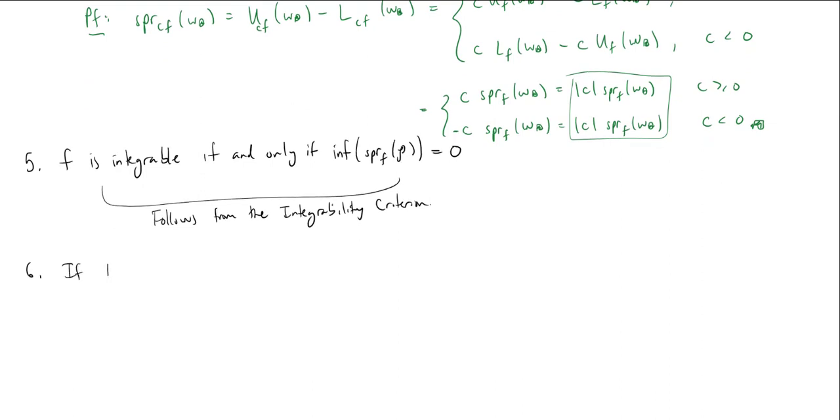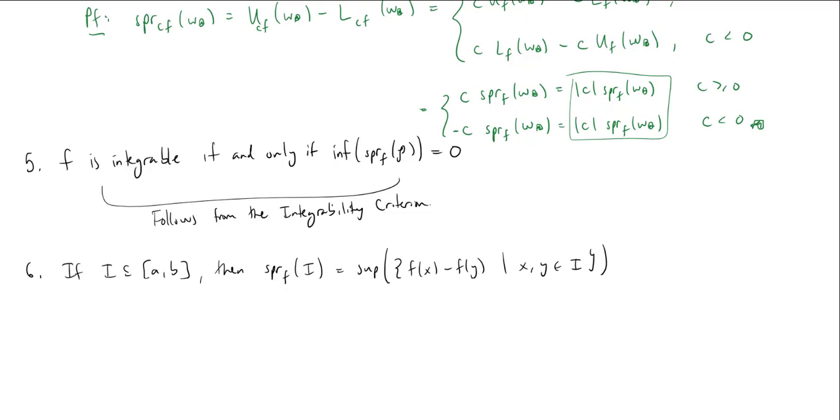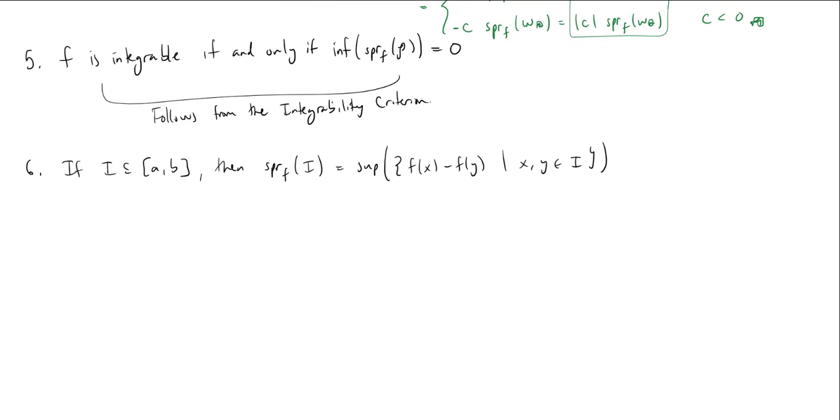So again, if I have some subset I of this interval AB, then another way that we can write down the F spread of I is by looking at the supremum of all differences of the form F of x minus F of y, where x and y are elements of I. So somehow the spread is just measuring how far apart the biggest stuff of F is from the smallest stuff in the range of F. So let's try to prove that.